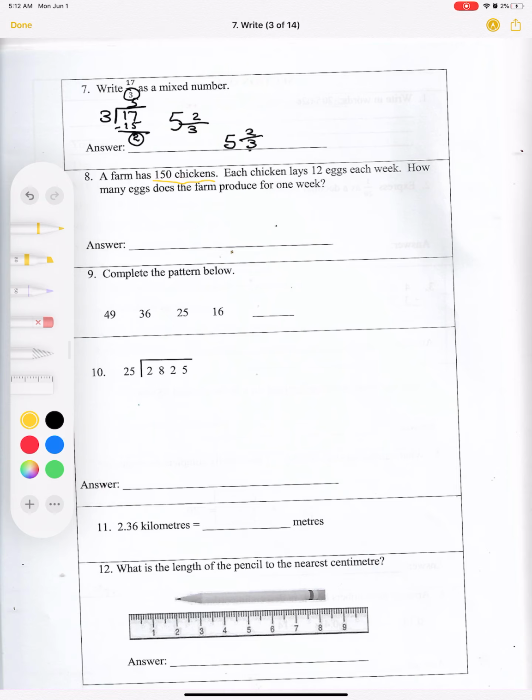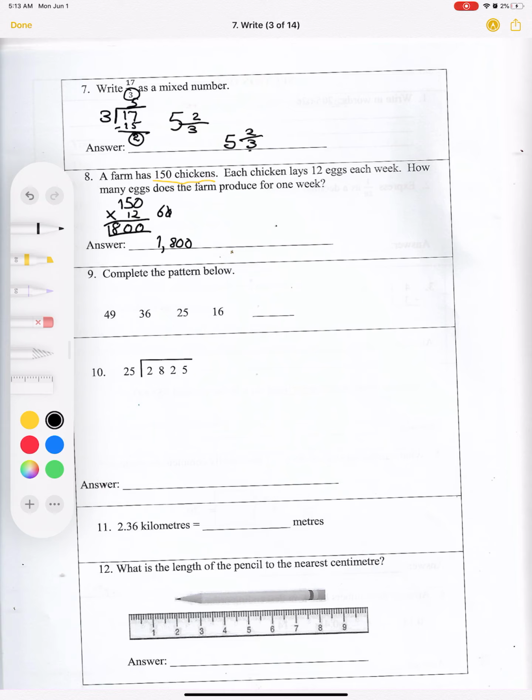And I'm going to do that with short multiplication because we know our 12 times tables. 0 12s are 0, 5 12s are 60, 1 12 is 12 plus 6, 18. So 1,800.